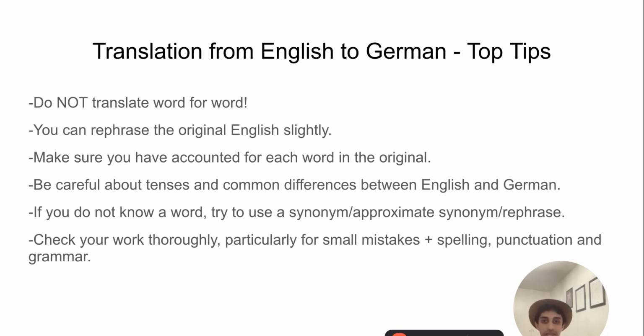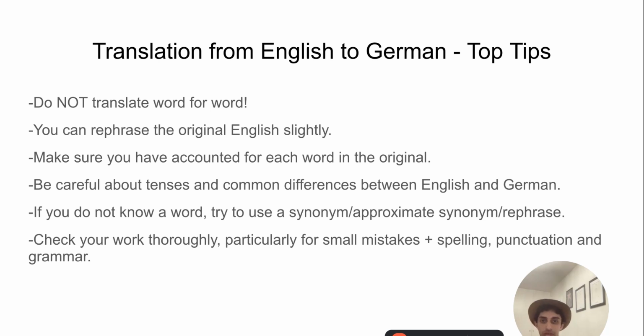Be careful about tenses and common differences. There are many of those between English and German, as we'll see. And if you don't know a word, of course, that's much more likely to happen in German. So you're much more likely to understand the full English text, but be unsure of how to put that into German, perhaps for specific words. If you're writing in German, you should try and use a synonym or an approximate synonym or rephrase that in some way.